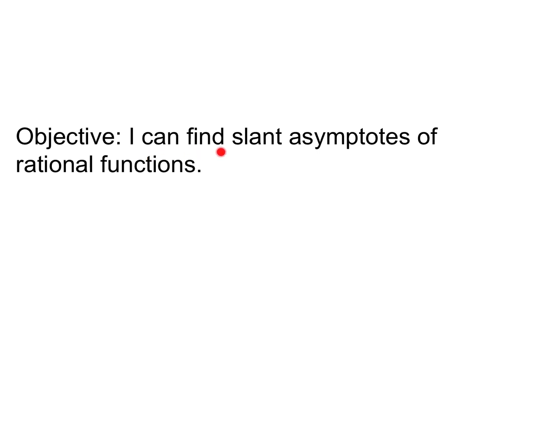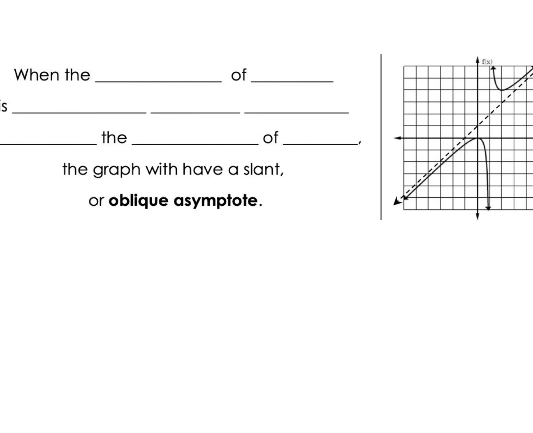So our lesson objective is I can find slant asymptotes of rational functions. Remember f of x is p of x over q of x.